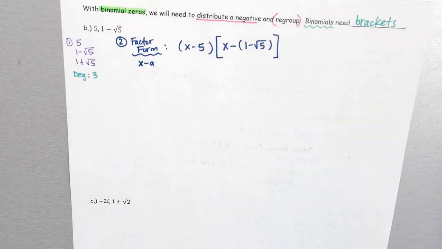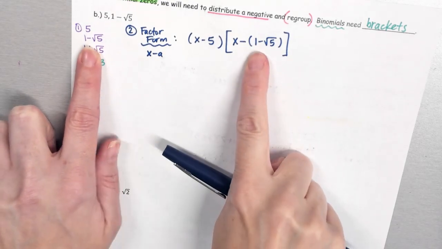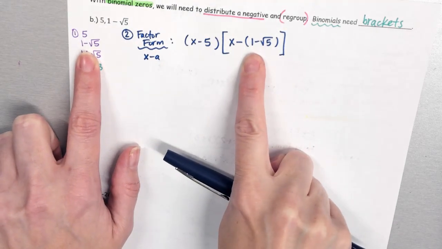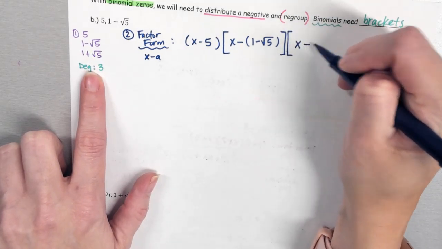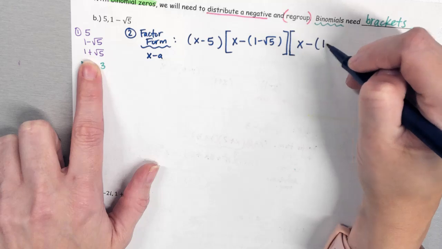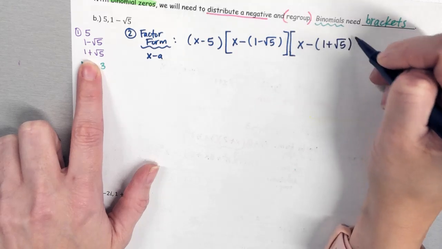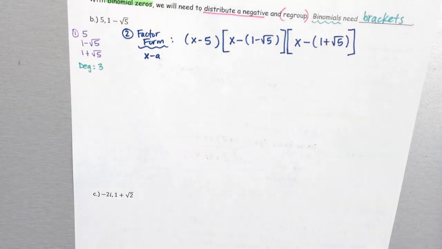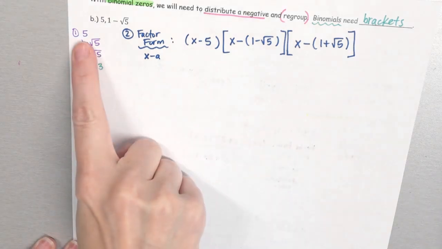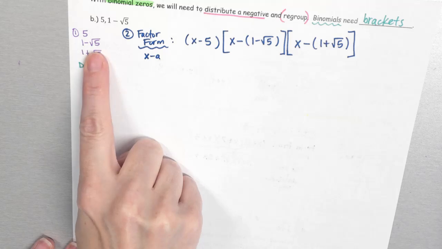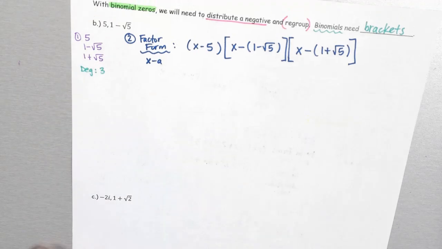The reason why is because we have to remember to distribute that negative. So if you look here, this is my value. I'm putting that inside my parenthesis, and it's just x minus. Same thing for the next one. It's x minus, and then here I have 1 plus root 5. Okay, so every single one of these is x minus a. X minus 5, x minus 1 minus root 5, x minus 1 plus root 5.